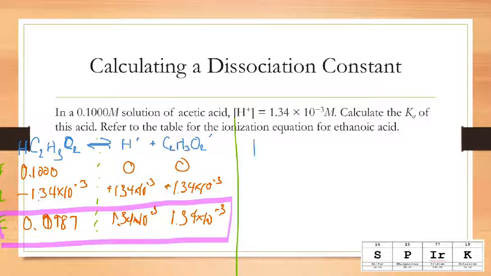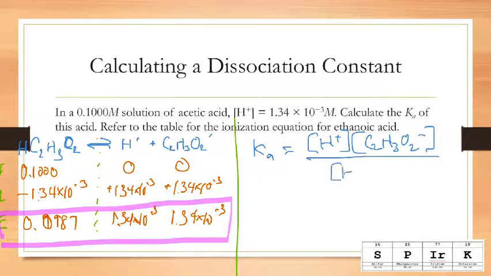We know that Ka, or Keq, is equal to the concentration of products, H plus times C2H3O2 minus, over the concentration of the reactants, HC2H3O2. And now we have all of that information from our ICE table.